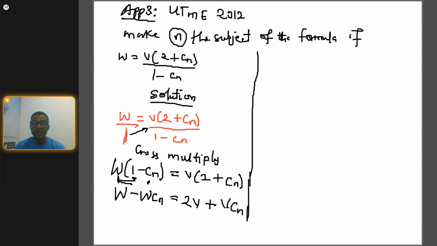If W multiplies Cn, it will be WCn. All right. Now we came to the other side also to open the bracket. And we said V multiplied by 2 is 2V. And the same V again multiplies Cn. It is what? VCn. Is that clear now?